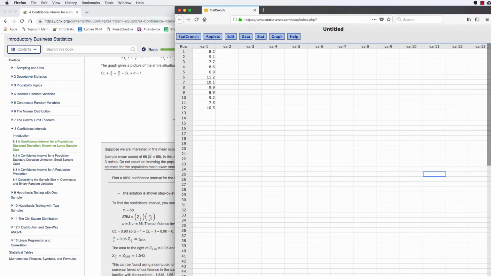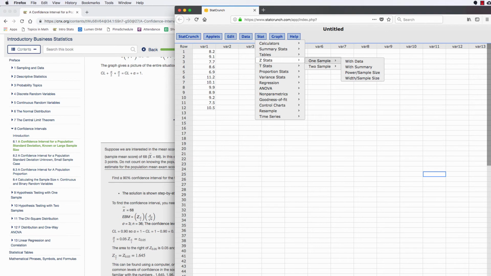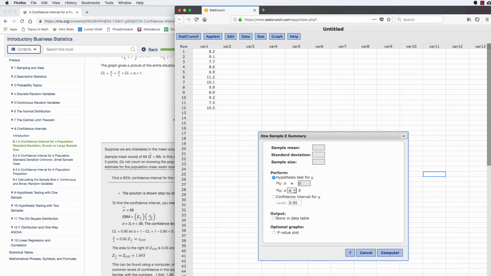And let's use StatCrunch. We'll go to Stat. We'll go to ZStats. It's one sample with summary information. The sample mean, we know it'll be 68. The standard deviation was 3.